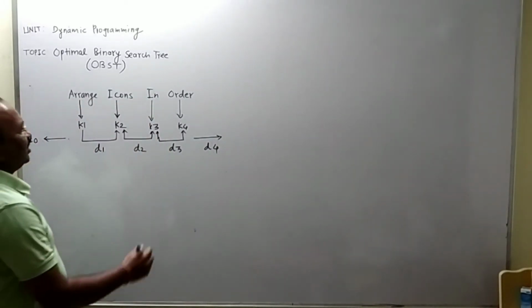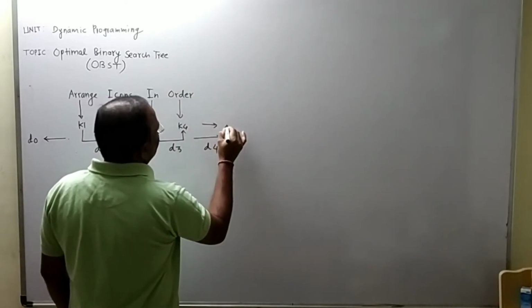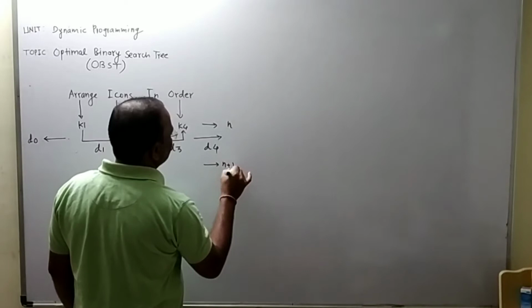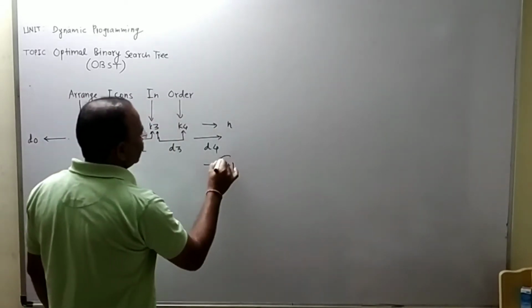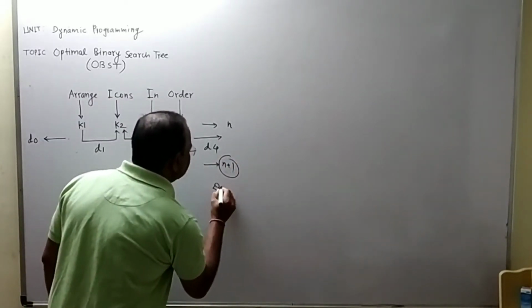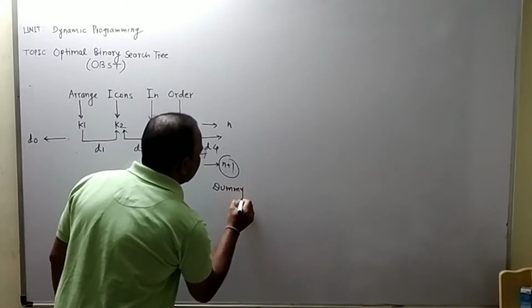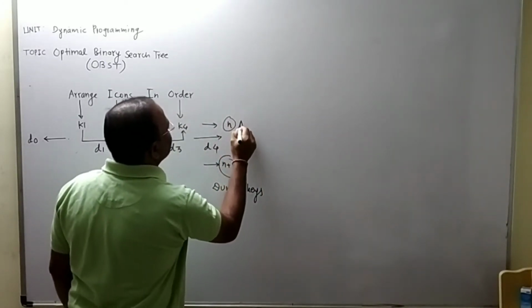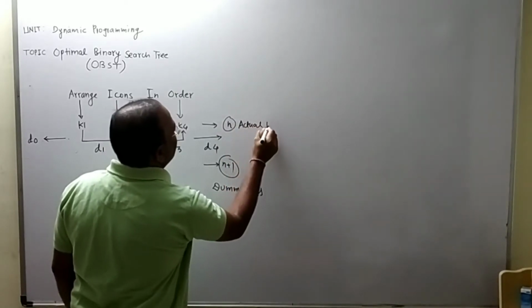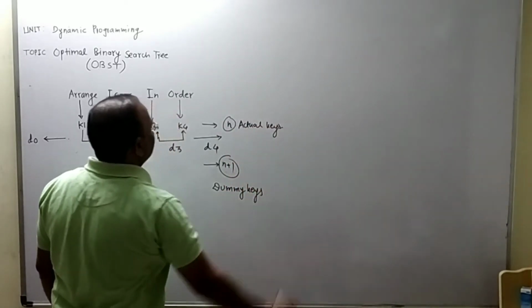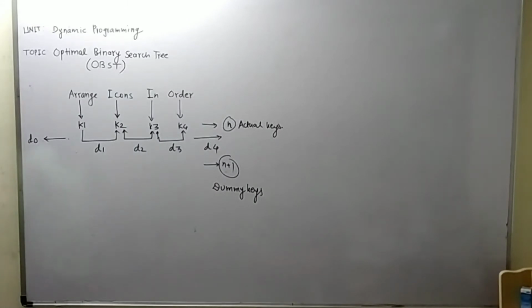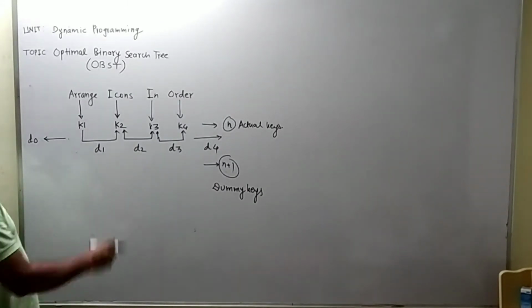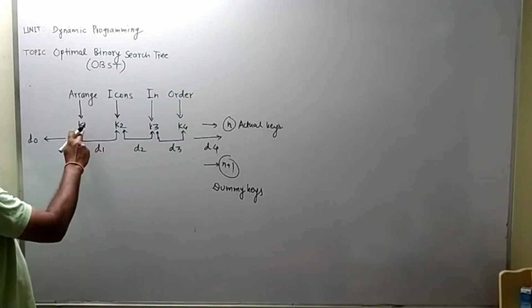If actual keys are n, you will get n plus 1 dummy keys. Here dummy keys start from D0 and actual keys start from K1.